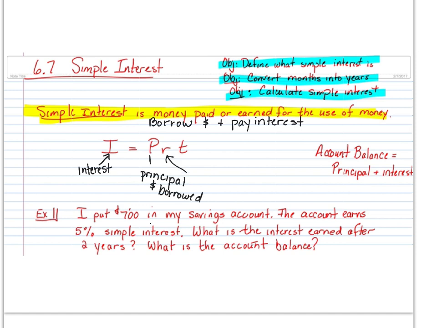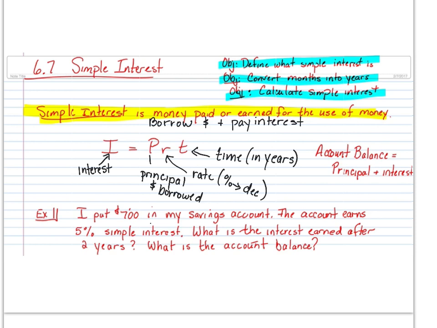R is the rate, the percent written as a decimal. And T is the amount of time, and it's in years. So you have to remember, if they put 9 months, you have to change 9 months to years.